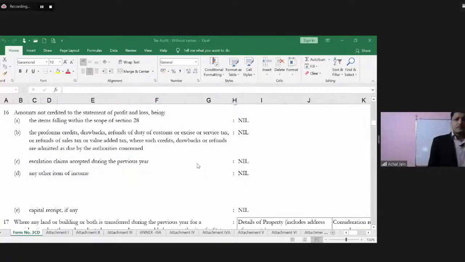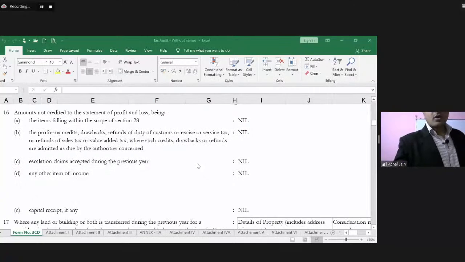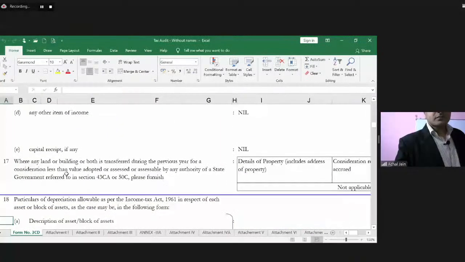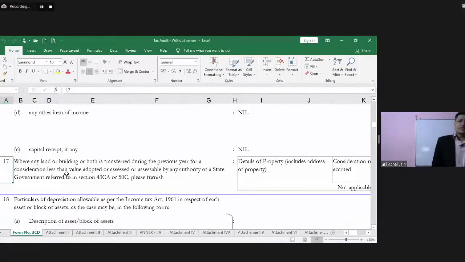Moving further on to clause number 17. It says whether any land or building or both is transferred during the previous year for a consideration less than the value adopted or assessed or assessable by any authority of a state government referred to in section 43CA or 50C.